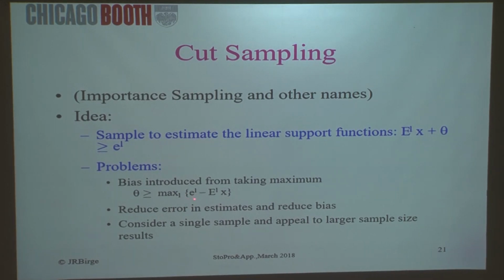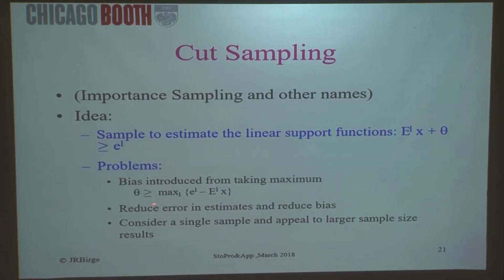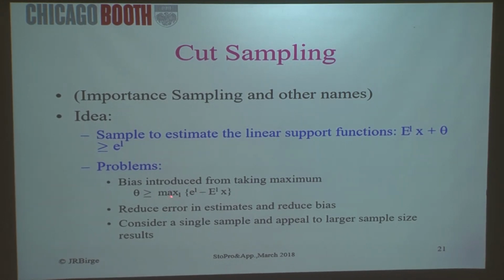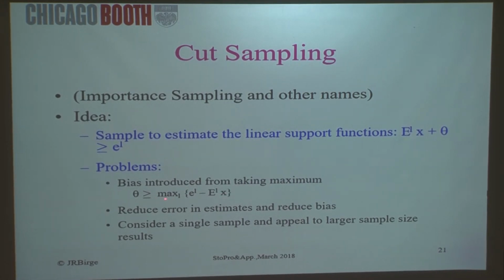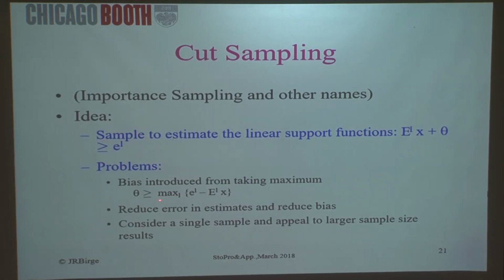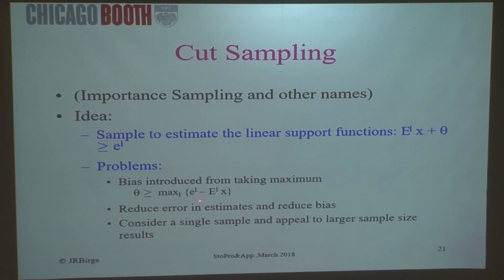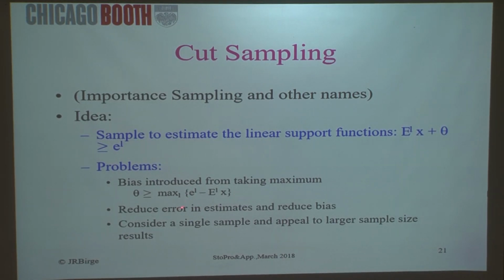If it's randomly large, then the maximum is going to pick that out. So the maximum is naturally going to pick out the high error values just based on your sampling. And the more you sample, the more likely it is that you're going to get some randomly very high value here. So you're always going to have bias. If you just do sampling, it turns out you get a lot of bias.